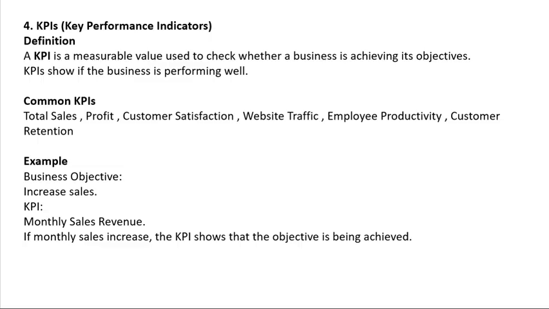Common KPIs are total sales, profit, customer satisfaction, website traffic, employee productivity, and customer retention. For the example business objective of increasing sales, the KPI is monthly sales revenue. If monthly sales increase, the KPI shows that the objective is being achieved.